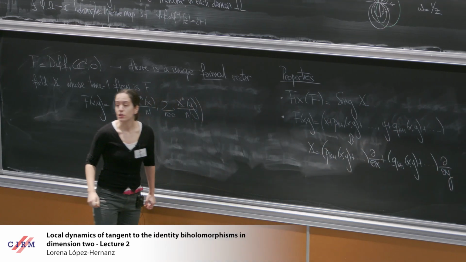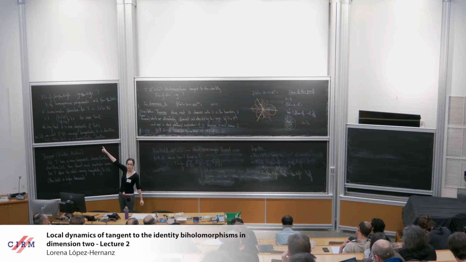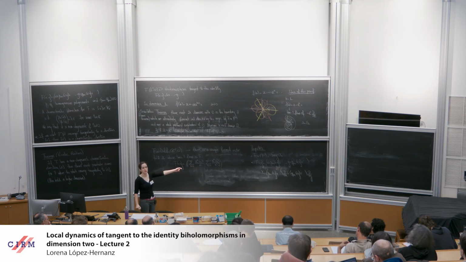So exactly this definition we had for characteristic directions is the same one we saw yesterday for the tangent cone.